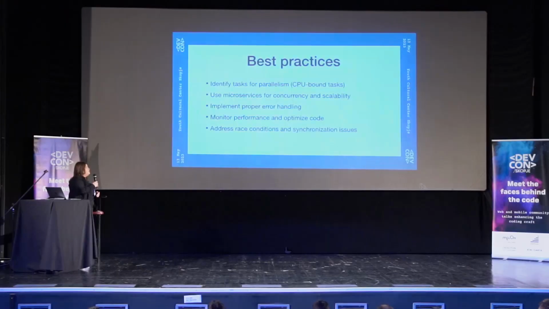What they have done is identify tasks that need parallelism. Not everything in our application needs to be executed in parallel. So what does this mean? We have to identify only those that need parallelism in order to get better performance. Also, Netflix has used microservices for concurrency and scalability.